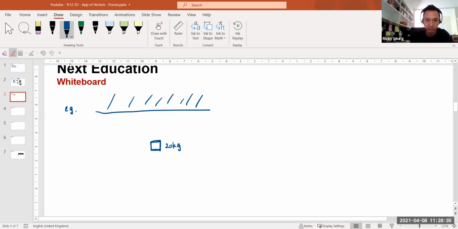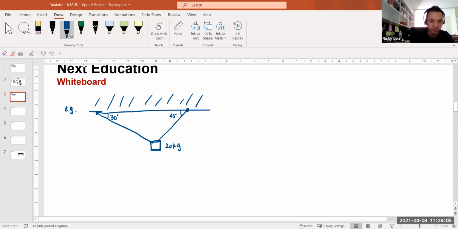One string ties itself to the ceiling at 45 degrees to the horizontal, and the other is tied at 30 degrees. Let's pretend that this is currently suspended in air. In other words, the forces have all cancelled each other out and it's just holding on in there.